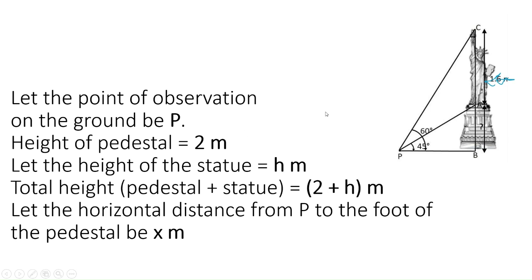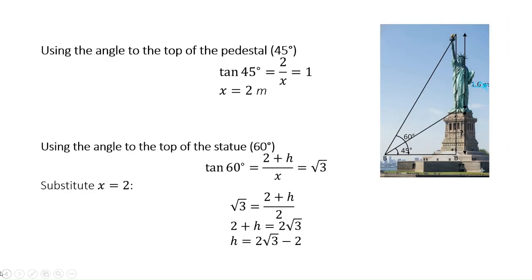We are given two angles of elevation. The angle of elevation from the point of observation to the top of the pedestal is 45 degrees, and to the top of the statue is 60 degrees. First we consider the elevation of the pedestal. Using the angle of 45 degrees, we apply a simple trigonometric function, tan theta, which is opposite side by adjacent side.